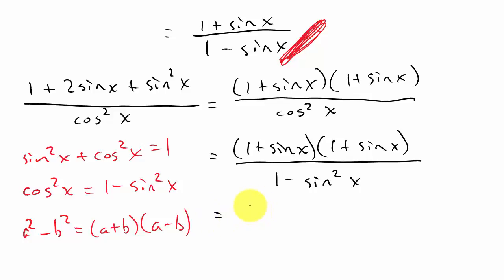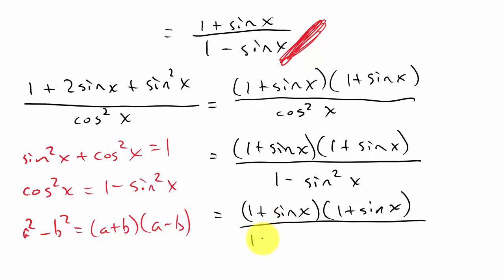And so that's going to be 1 plus sine x times 1 plus sine x over 1 plus sine x times 1 minus sine x.